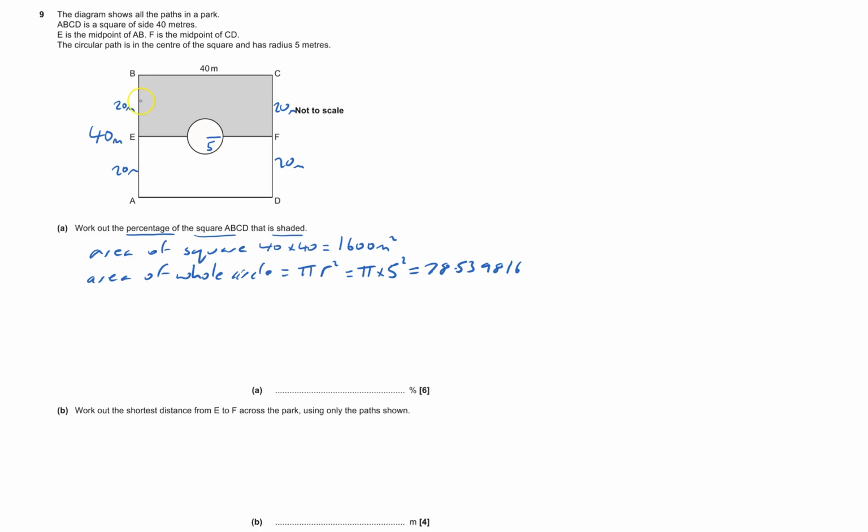And I'm going to work out the shaded area. I know the half of the thing will be half the square, will be 800. And then I'm going to take away half the circle, this bit here. So area of half circle or semicircle equals that number divided by 2, and that equals 39.269908.